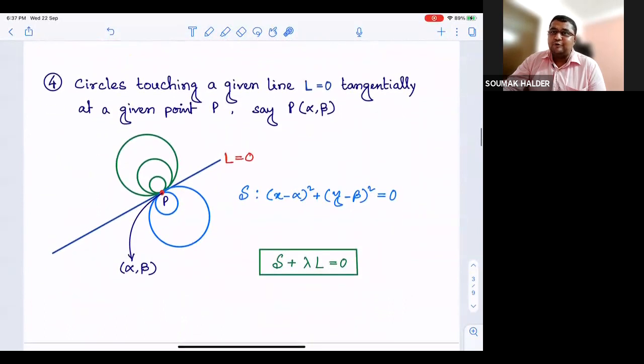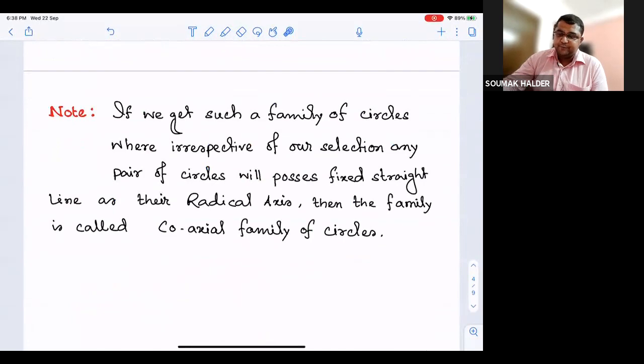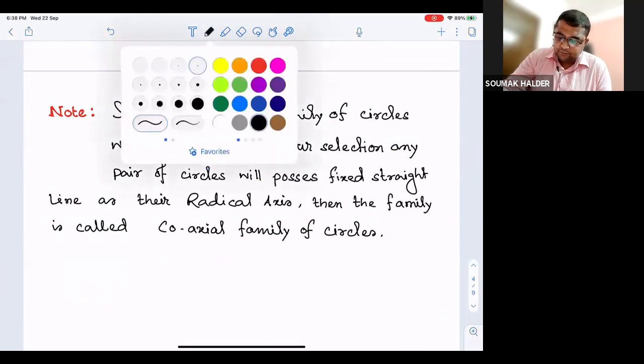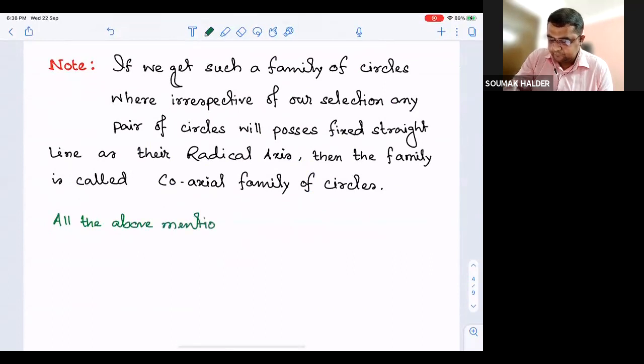So all these four families are following the coaxial description. So mark all the above mentioned families are coaxial families of circles.